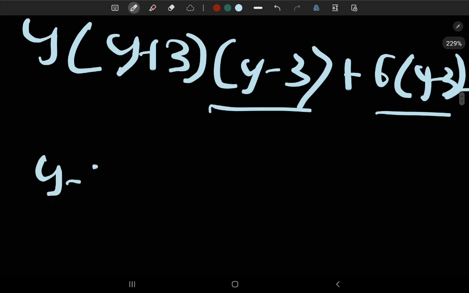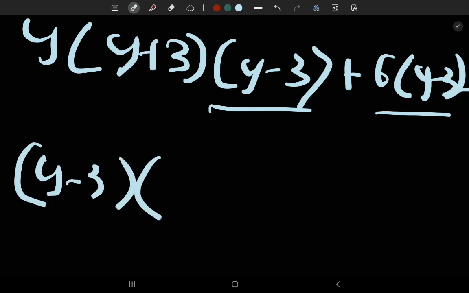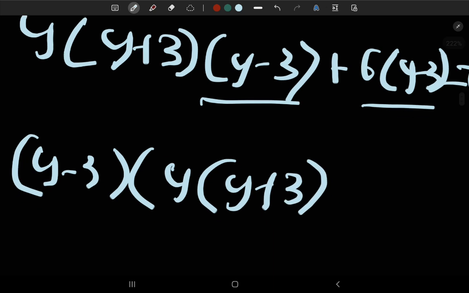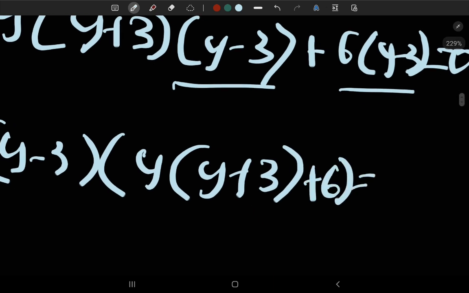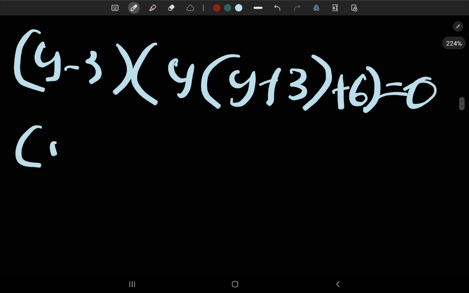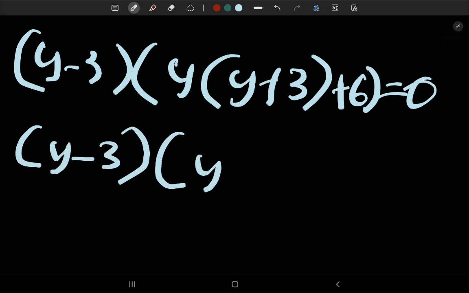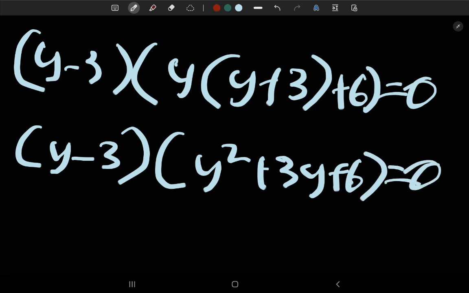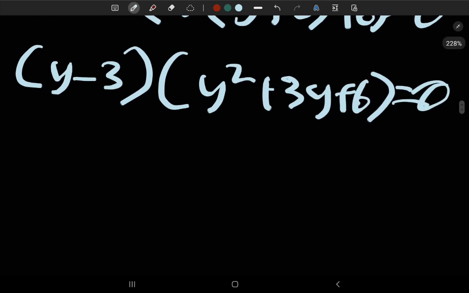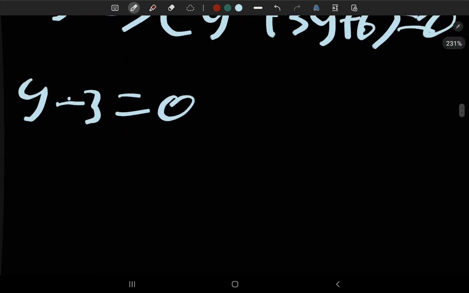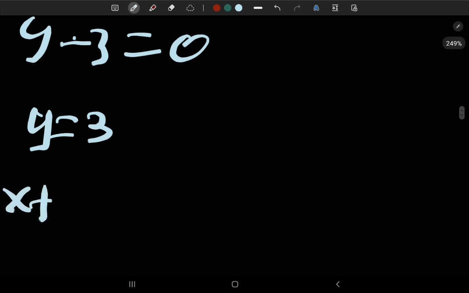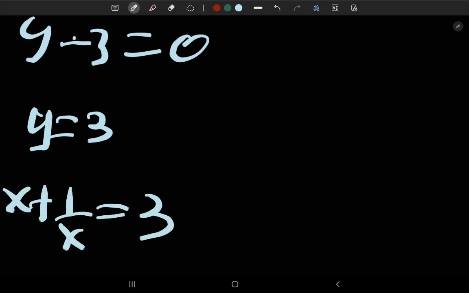We get y minus 3 times y squared plus 3y plus 6 is equal to 0. Now we form two branches. The first branch is y minus 3 equals 0, so x plus 1 over x is equal to 3.